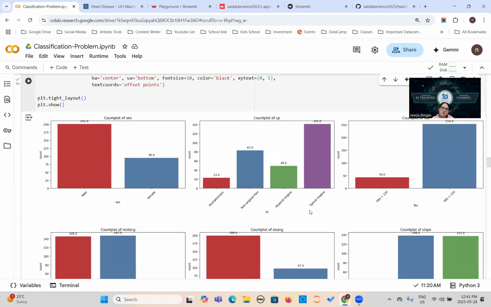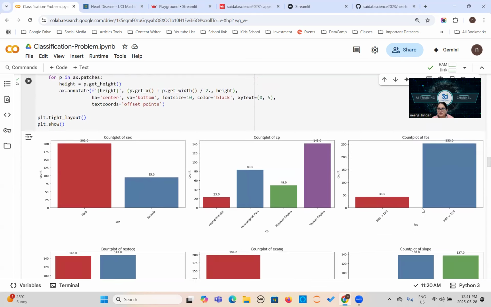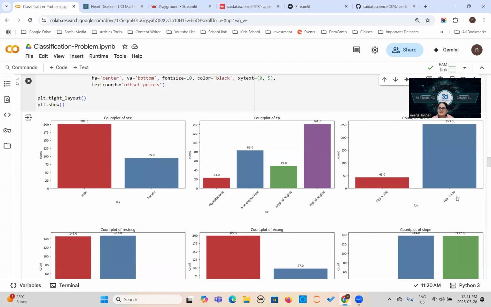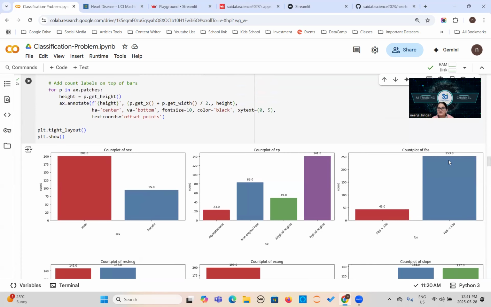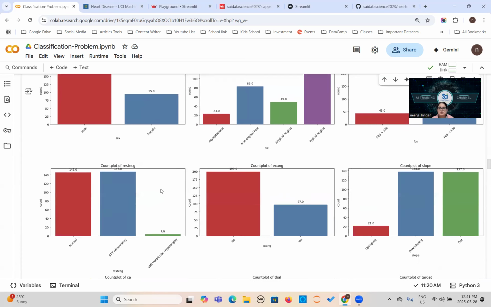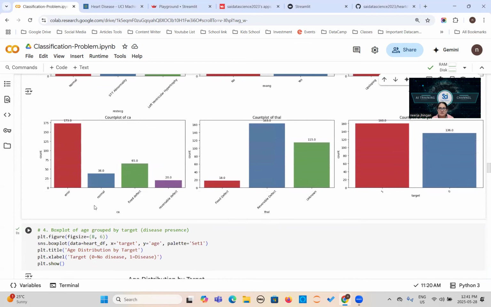Okay. So most of the records have typical angina pain. And this is for the fasting blood sugar. So we have records of less than 120, and more than 120 is 253. So this is showing the distribution of the categorical features, whatever you have. This is the CA level.